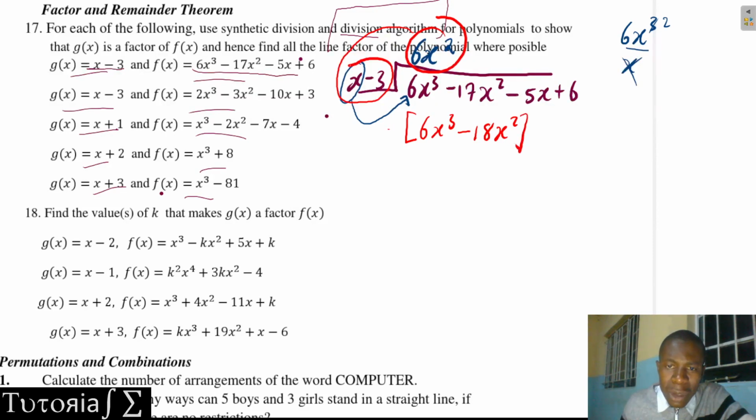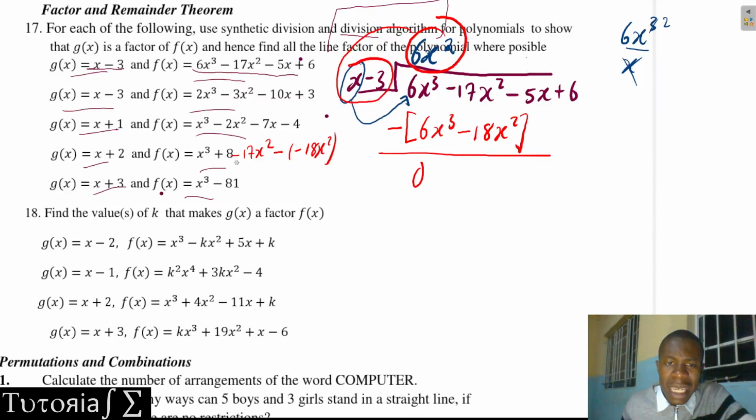Then we subtract. We say 6x to the power 3 minus 6x to the power 3, which gives us 0. Then we come to negative 17x to the power 2 minus the negative 18x to the power 2 inside here.